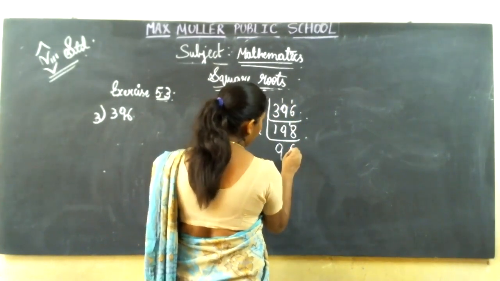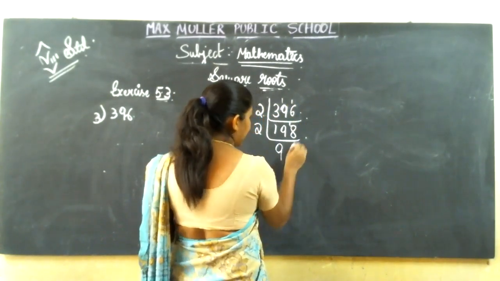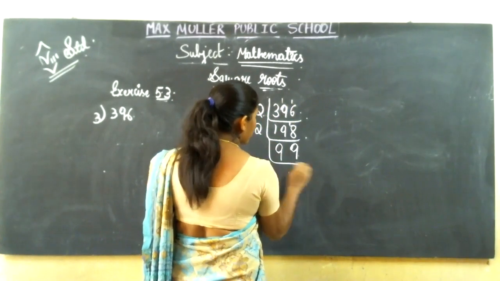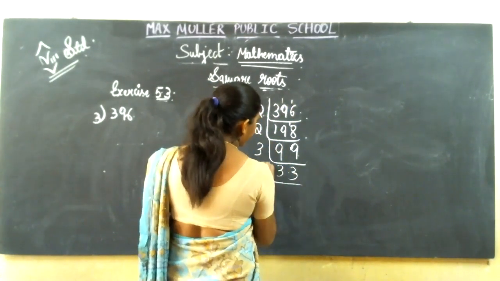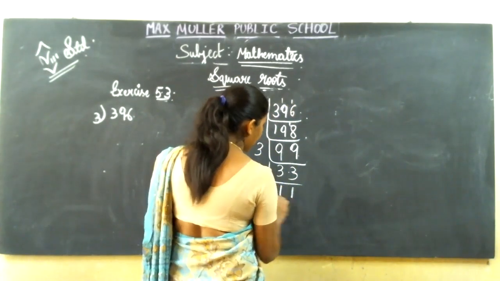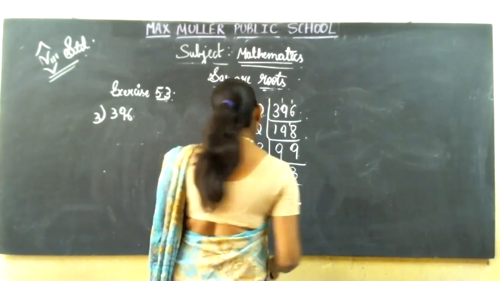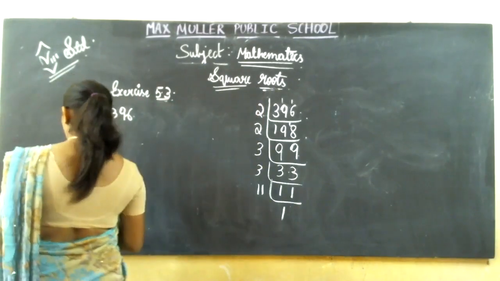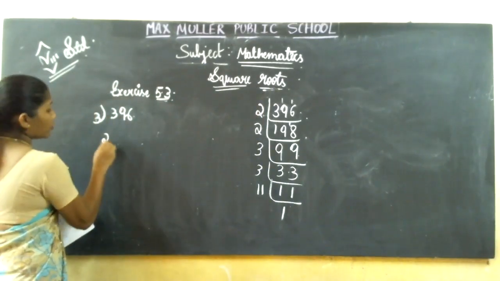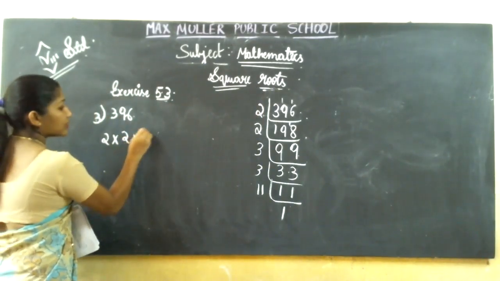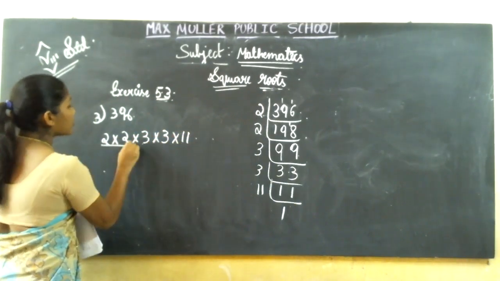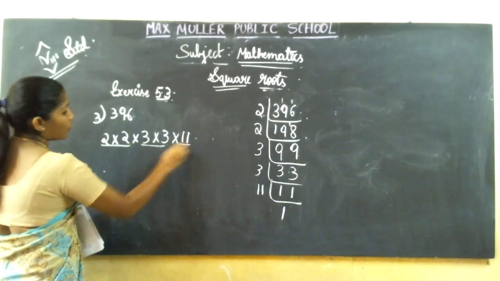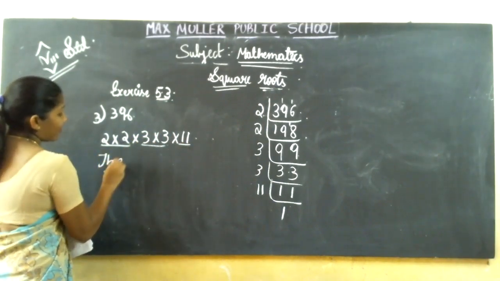Then by 3, 3 threes are 9, 3 ones are 3, 11 ones are 11. So here 2 cross 2 cross 3 cross 3 cross 11. Here 2, 3. There is no pair for 11.